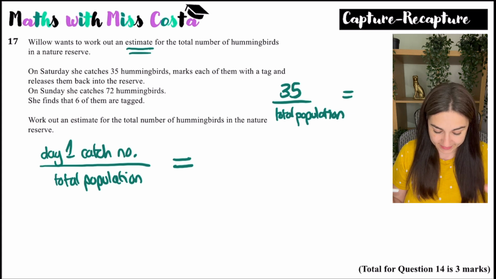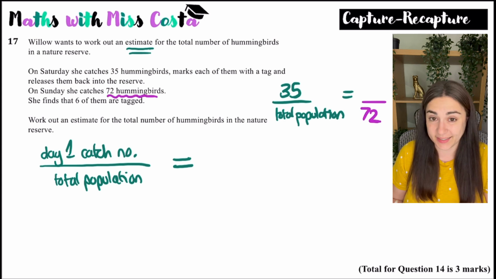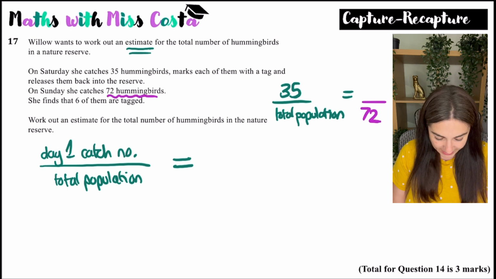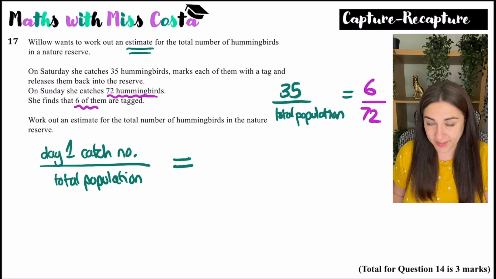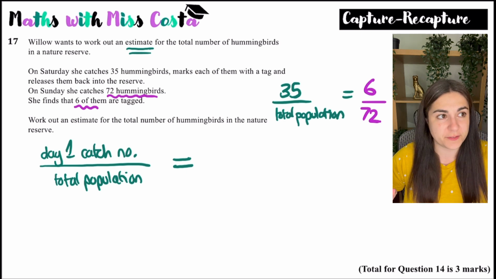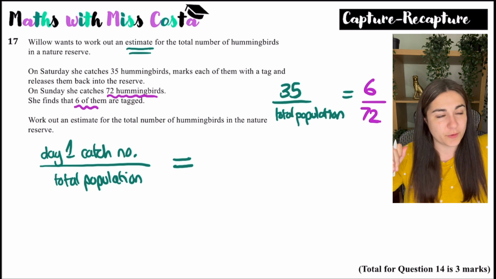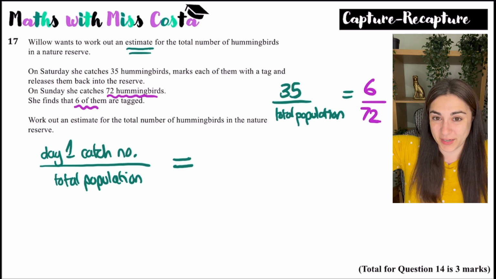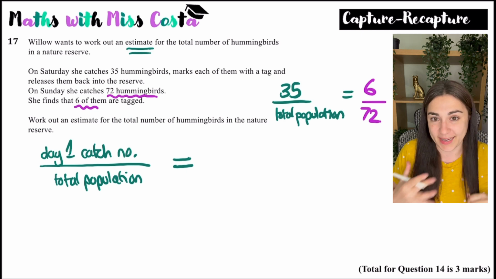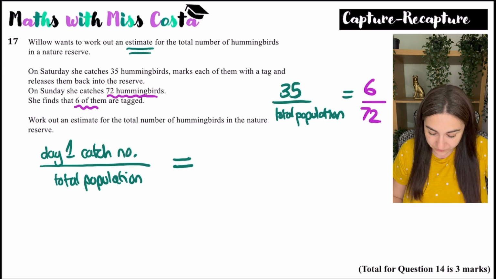On the next day, she catches 72 hummingbirds, that's the total, and 6 of these are tagged. So the proportion of tagged to untagged is going to be equal to the proportion of the ones she caught out of the total population. So that's how we use the capture-recapture method.